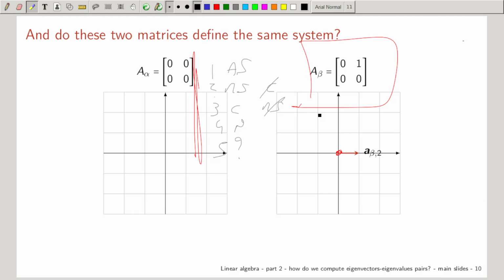What would you say, people? Neither convergent nor marginally stable, because if I start, for example, here, I will escape. True?